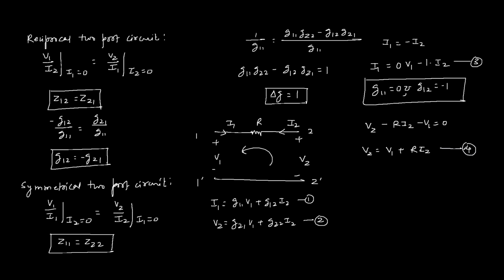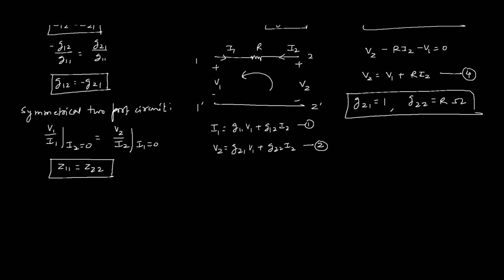This is equation 4. It has V2, V1 and I2. Equation 2 has V2, V1 and I2. So by comparing equation 2 with equation 4, we can write G21 equal to 1 and G22 equal to R and its unit is ohm. So that's how we write the G parameters for this given two-port circuit.